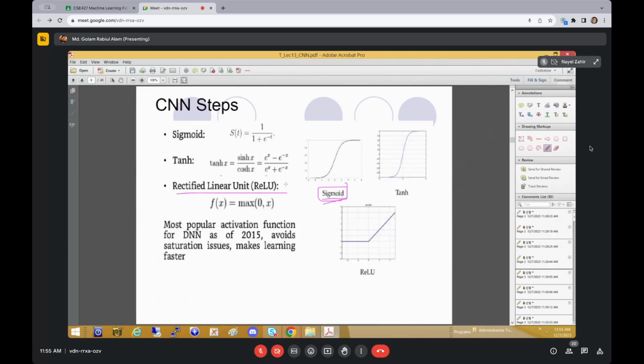There are also many versions of the rectified linear unit: ReLU, Leaky ReLU. Another function is the tanh. It is not so popular, but we can use it. And here is the sigmoid, and this is our ReLU. The rectified linear unit is the most popular in our convolutional neural architectures. Another popular one is softmax.